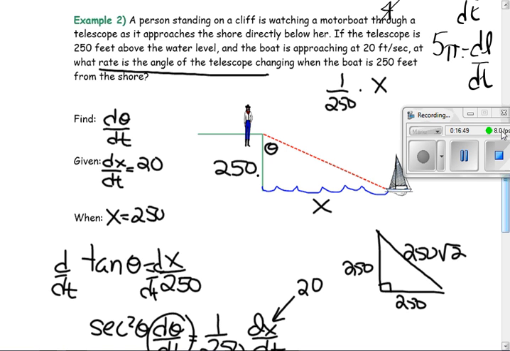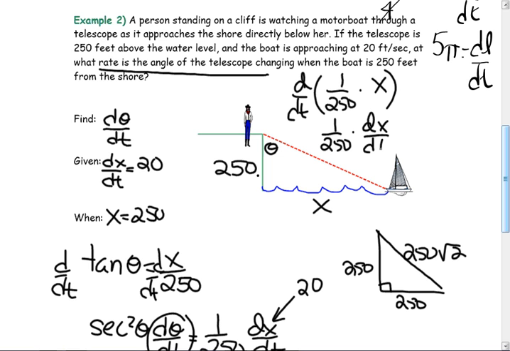That 250 doesn't go away. It's still there. The derivative of this, you've got to use the chain rule. Did you guys get it? Okay.